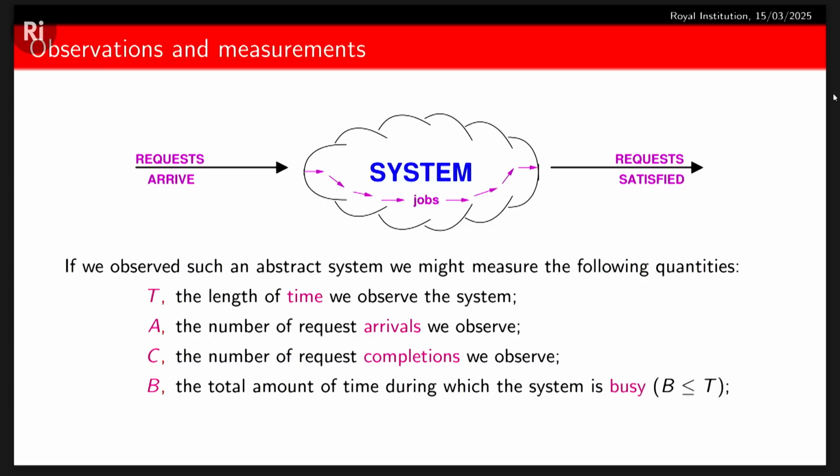We can measure how often the system was busy. So how often was there nobody in the post office? In that time, it's not busy. When there is somebody in, it's busy. So it's serving a customer. And the busy time cannot be bigger than the total time we watch. So if we watch for an hour, the busy time must be at most an hour, and usually would be less than that.